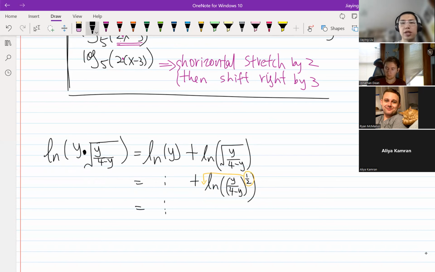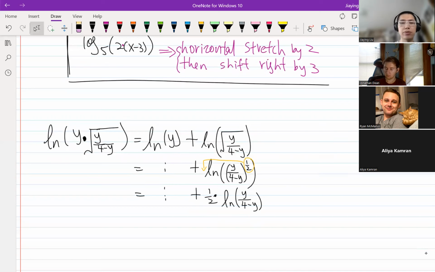Again, the first term stays. Now I can bring the half in front, so that becomes half times natural log of y over 4 minus y. Now inside the second natural log, I have a quotient, y divided by 4 minus y, so I can use the quotient rule.